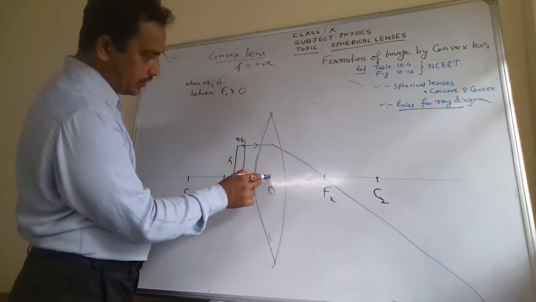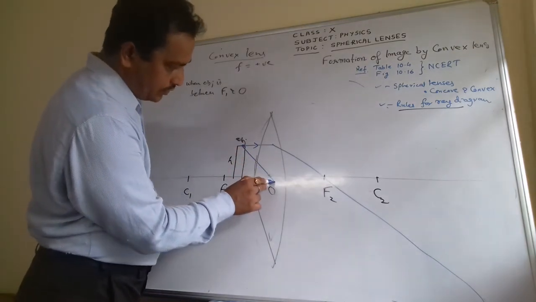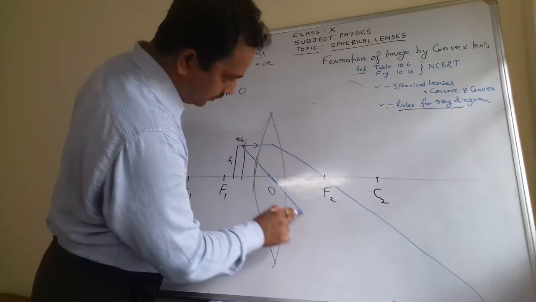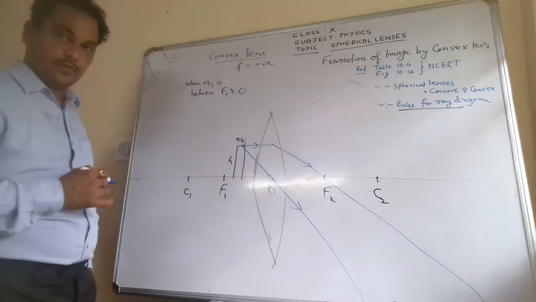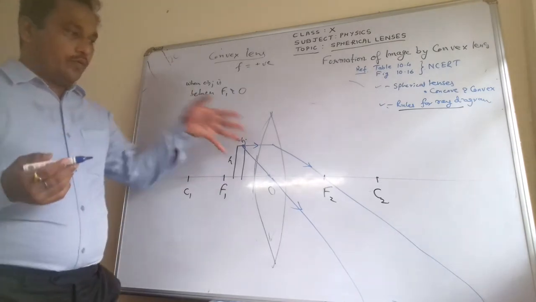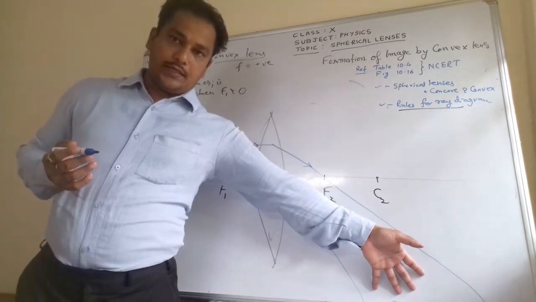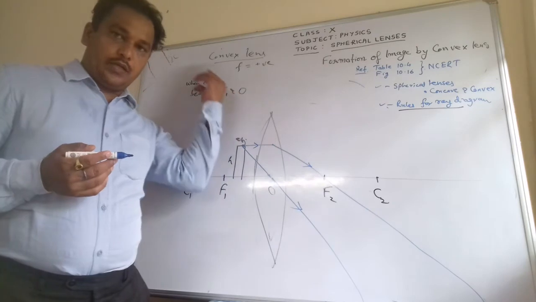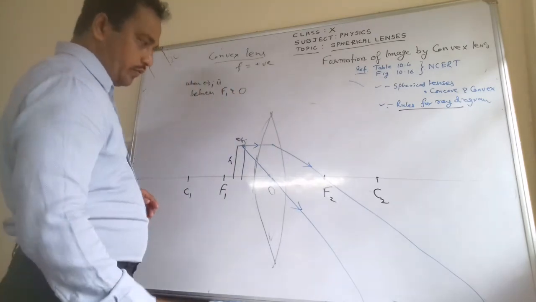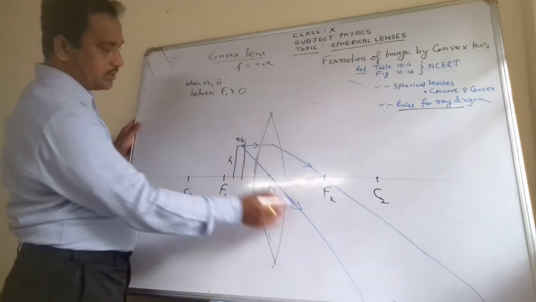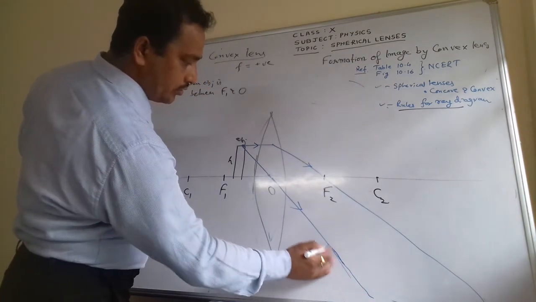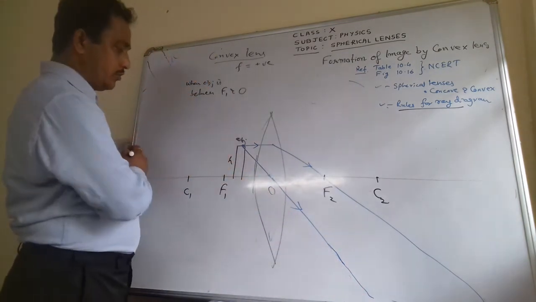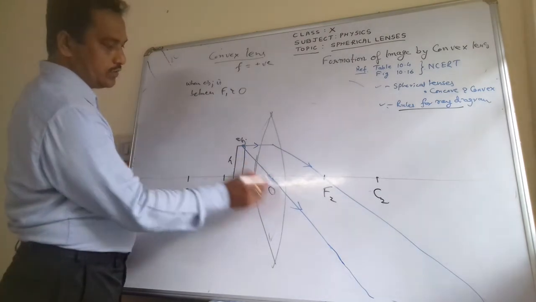So this is one point, and the other ray you will let pass through it, refract it, and put an arrow where the ray is going. Now they are not meeting on the right hand side, but they will meet here on the left hand side. So we will let the same ray proceed on the left side, towards where the object is placed.